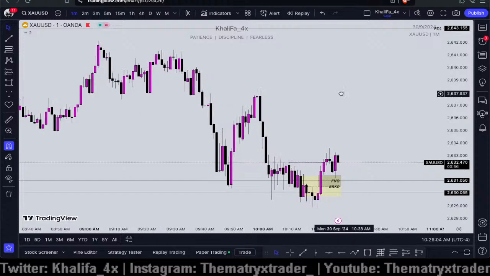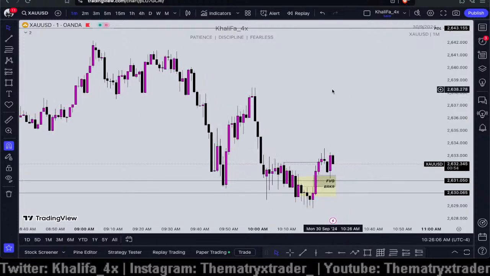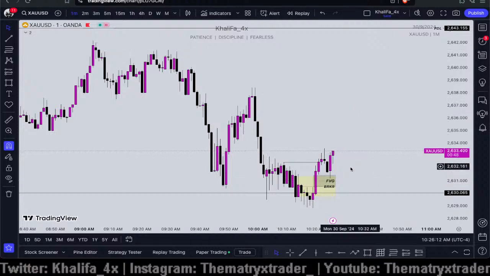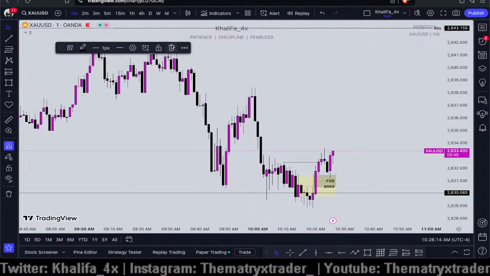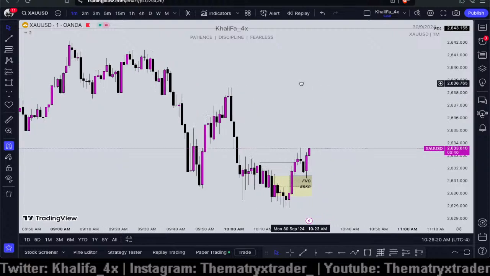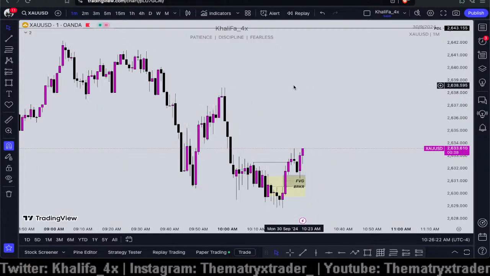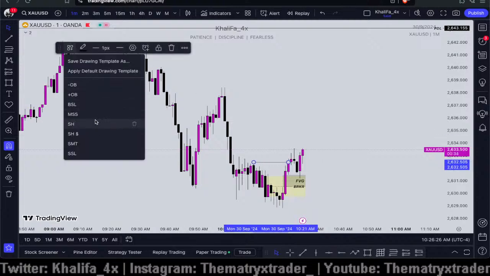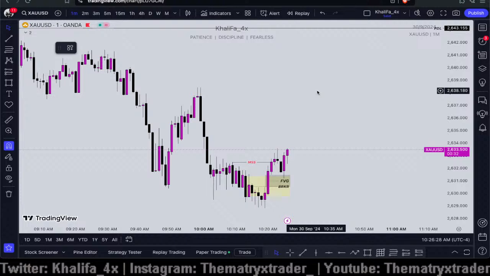Only those who took the trade who understood the price action. This would be our market structure shift.